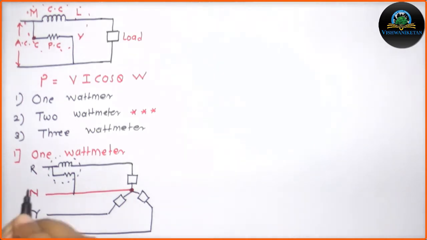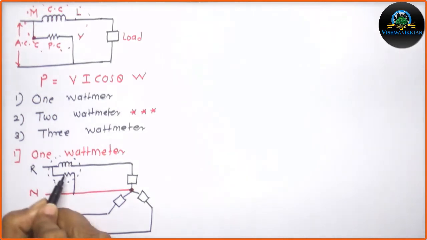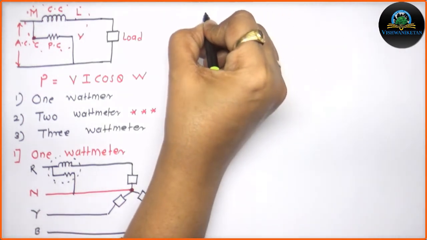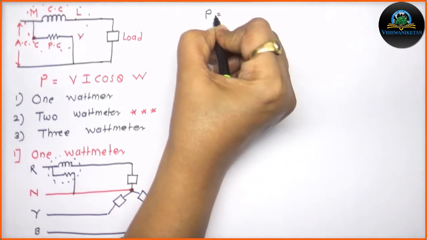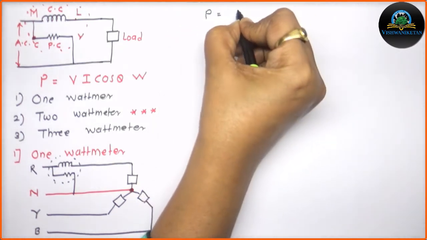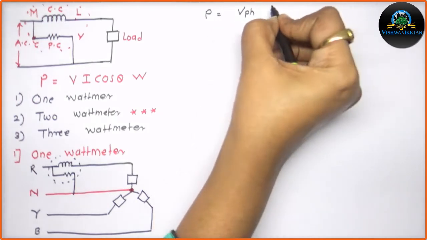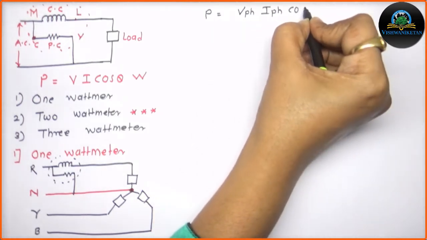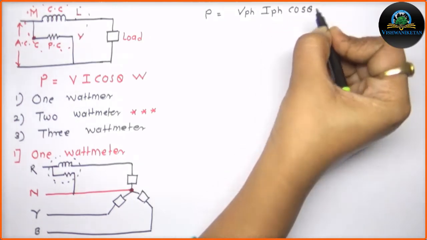In this case, this wattmeter is going to measure the power across R and N, or between Y and N, or between B and N. But as I am using only one wattmeter, the power measured by this is given by P equal to V per phase, I per phase, and the angle between that voltage and the current.